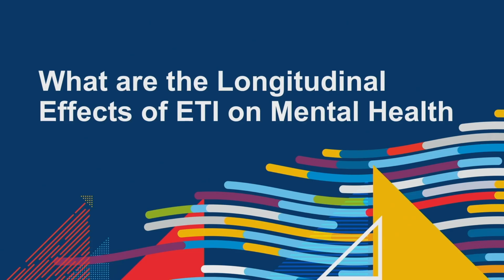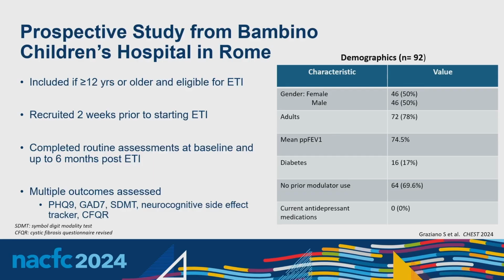So thankfully, we do have some data to look at longitudinal effects of ETI on mental health. So this is one study from the Bambino Children's Hospital in Rome. They included patients who were 12 years of age or older and eligible for ETI. They were recruited 2 weeks prior to starting ETI, and then they had multiple measurements, which they would do at baseline and then up to 6 months following.